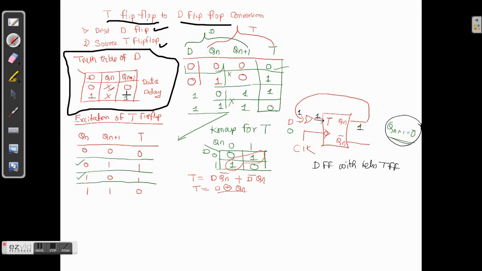Next point, we need the excitation table of T flip-flop.